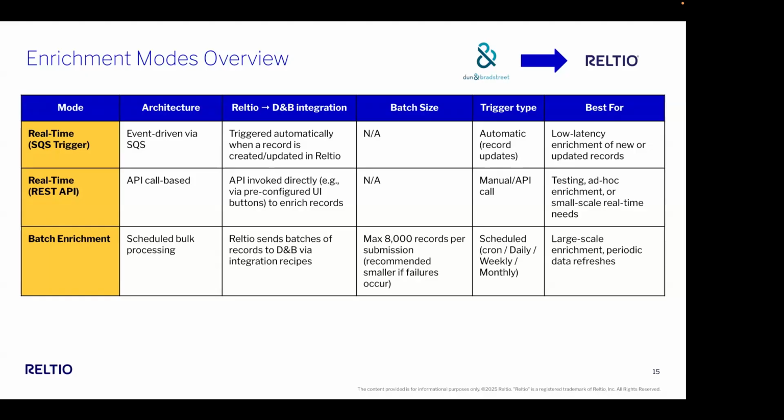The second one, the real time again, but this time driven by REST API needs. So here the architecture is really API call based. How does it get called? It is that these APIs are invoked directly. So at an ad hoc profile record level, these APIs are invoked via pre-configured UI buttons that we offer on the Hub UI, which enrich your records. In the demo, this is the mode I will be using.